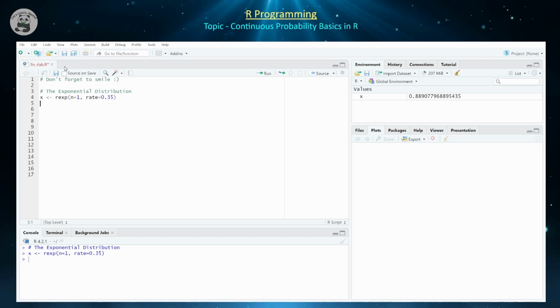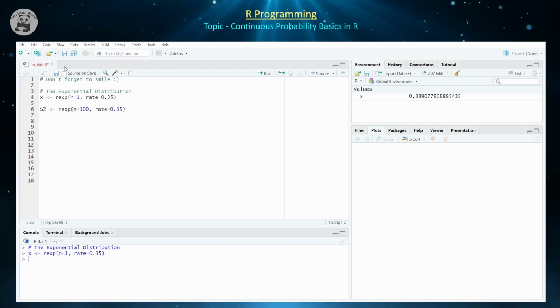Obviously, if you want to do some reproducibility studies, you should be studying seeds for all of these examples. Now let us assume that we want to collect a sample. Let's call it, for example, S2, and let's assume that we want to draw 100 individuals from an exponential distribution. So we're going to be doing rexp for a random set of numbers. Let's select 100 values, and let's assume that we're working with the same rate parameter, 0.35.